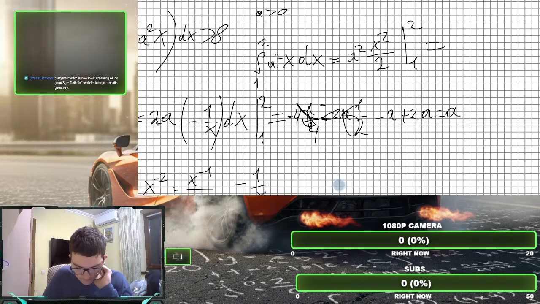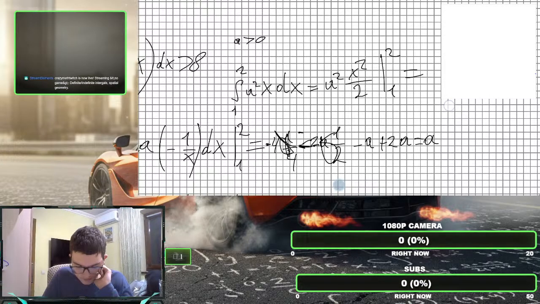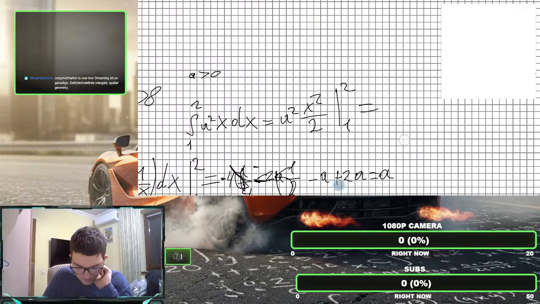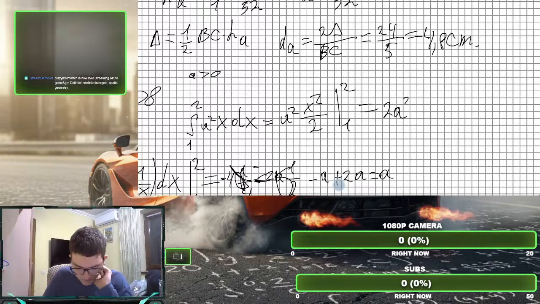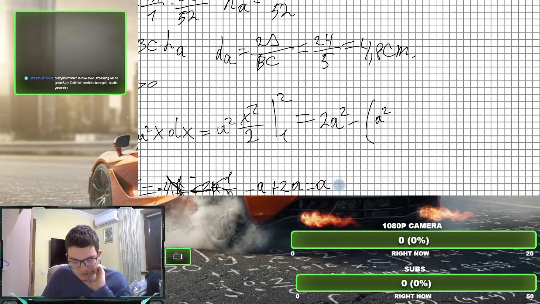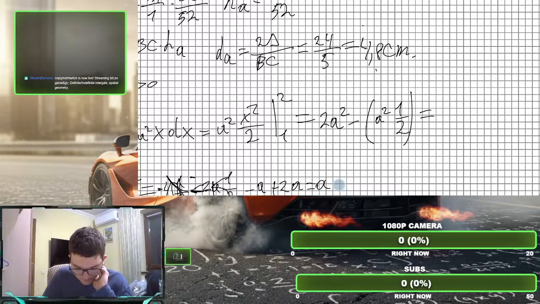Now this one is like this, a to the second power, so it stays like this. There it's 4 divided by 2, so it's 2a to the second power minus, if it were with a 1, it would be a to the second power, essentially, times 1 divided by 2.